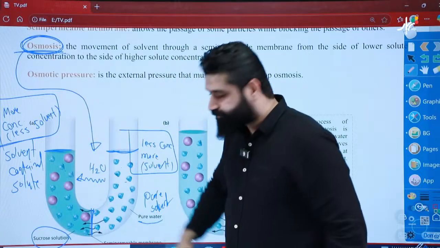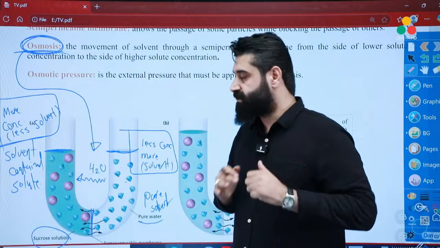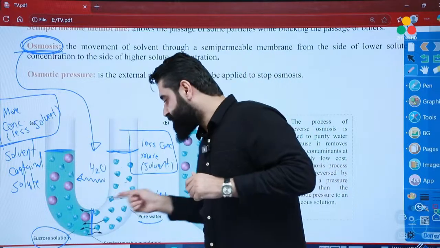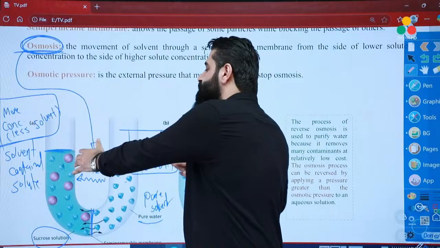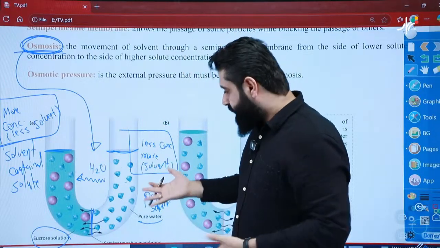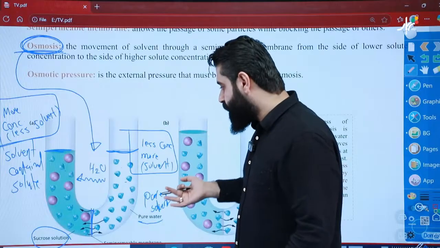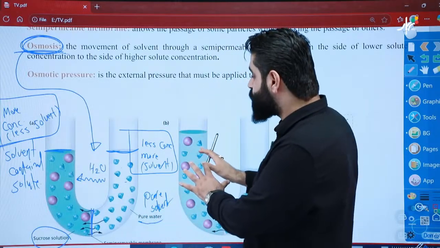It's called what? Osmosis. Let's repeat all the steps from the first. We have a U-shaped tube with a semi-permeable membrane, two different solutions. One is more concentrated than the other. This time we have used pure water, pure solvent, which is less concentrated.